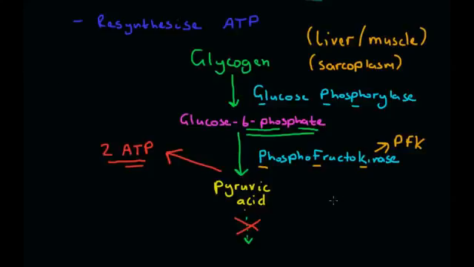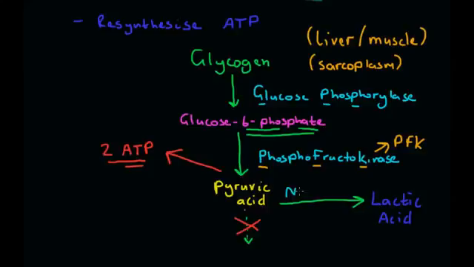So we bring our pyruvic acid over here and convert it into something you will recognise, called lactic acid. It's this lactic acid which is a fatiguing byproduct of this reaction.